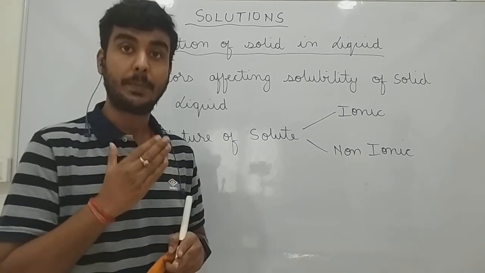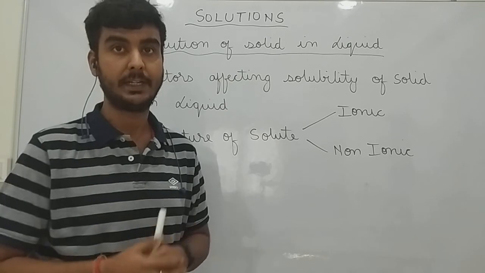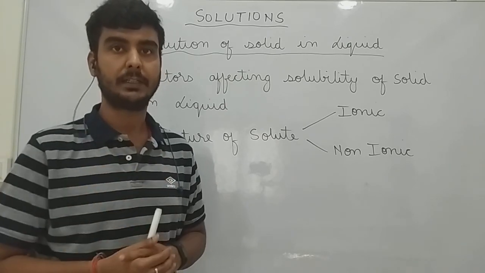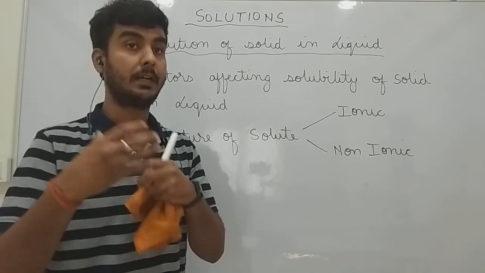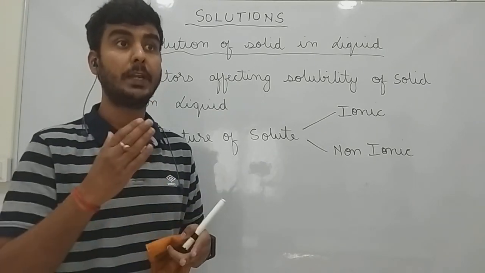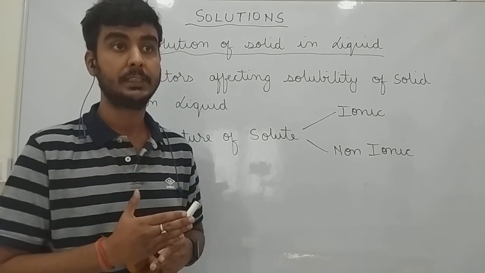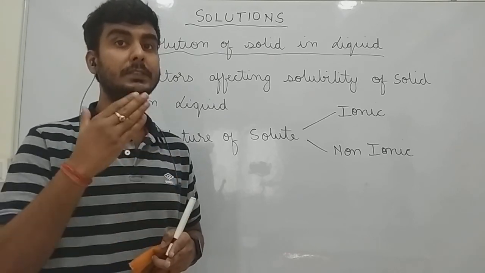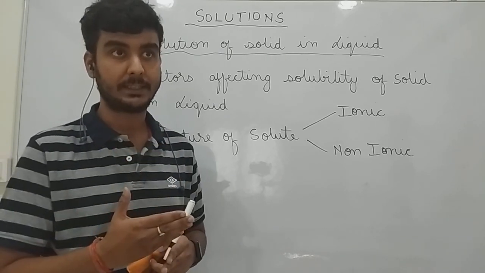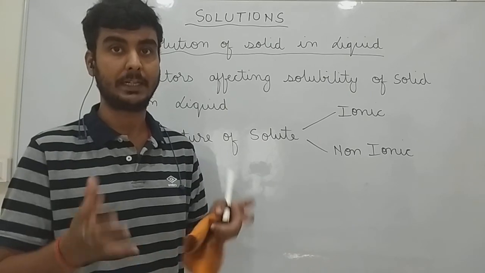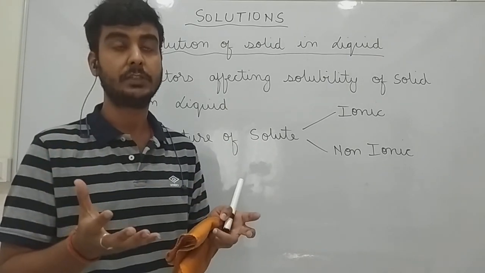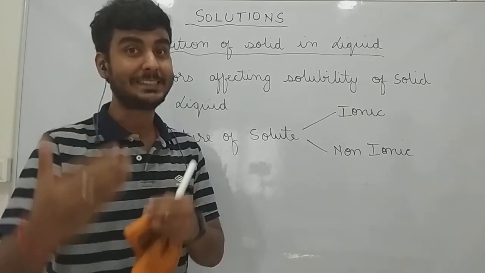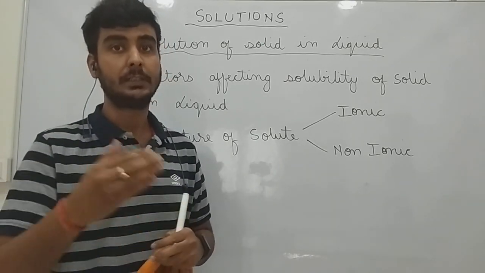And in order to break that lattice of the ionic solid, we need some energy, and that energy is known as lattice enthalpy. So in case of ionic solid, you have to supply lattice enthalpy to break the lattice in which the ions are arranged, to dissolve them in the given solvent.